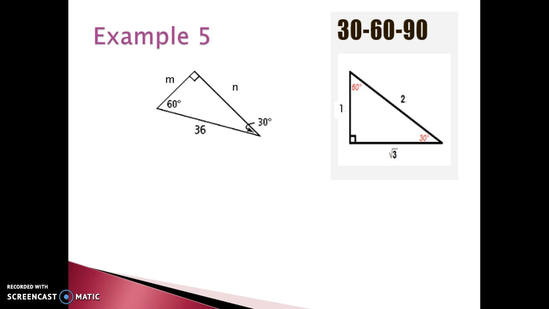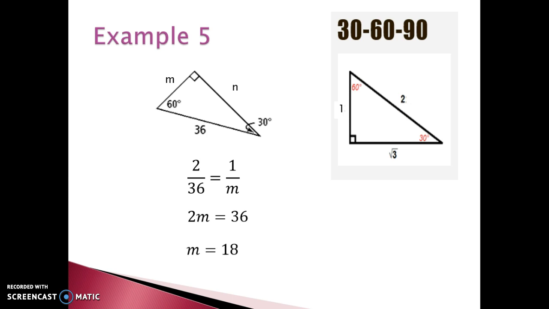So for example 5, we're going to set up a proportion just like always. So 2 is the hypotenuse of the original over 36, the hypotenuse of the new, is equal to 1, the short leg of the original, over m, the short leg of the new triangle. I cross multiply, and I get 2m equals 36.